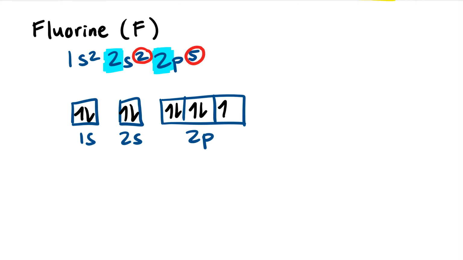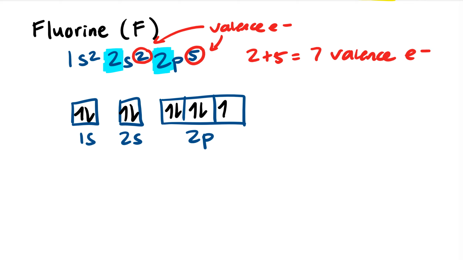You're going to have 2 inside of 2s, and you're going to have 5 inside of 2p. So to get the number of valence electrons, you add those exponents together. 2 plus 5 equals 7 valence electrons based off of that electron configuration.